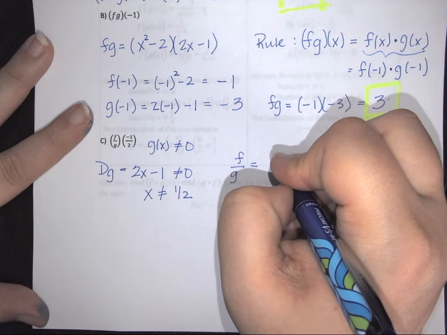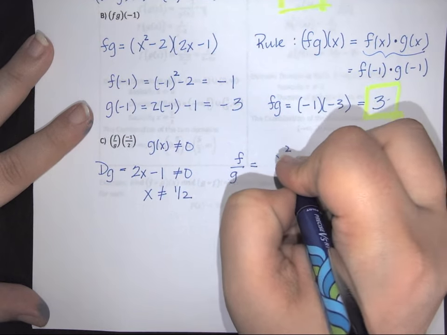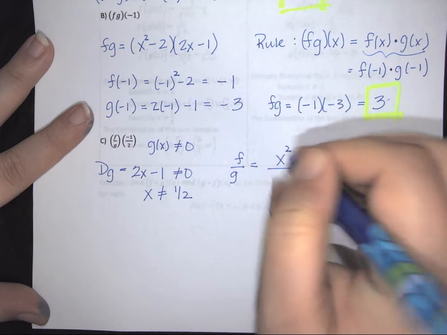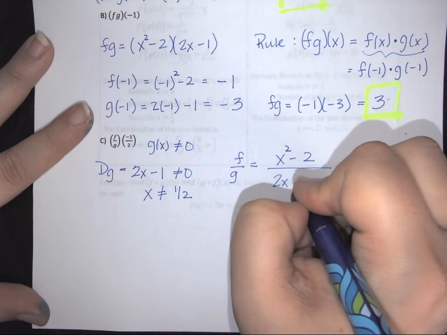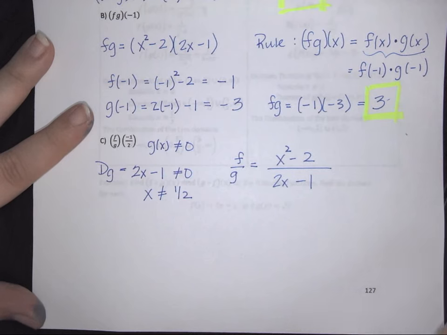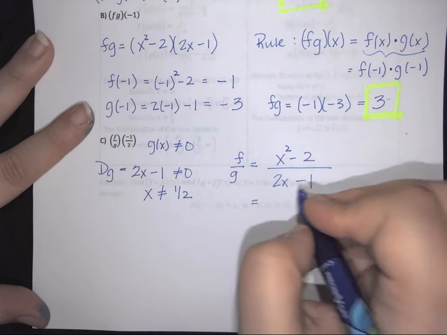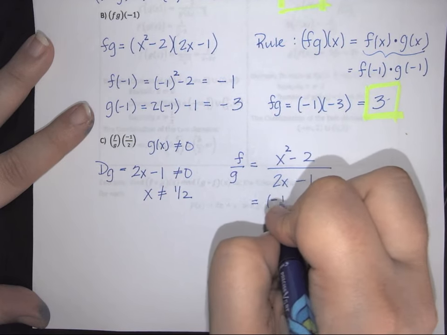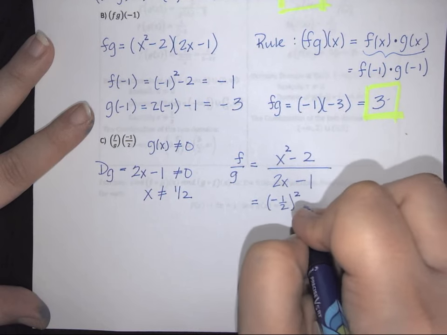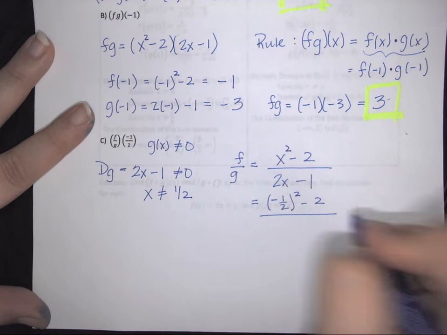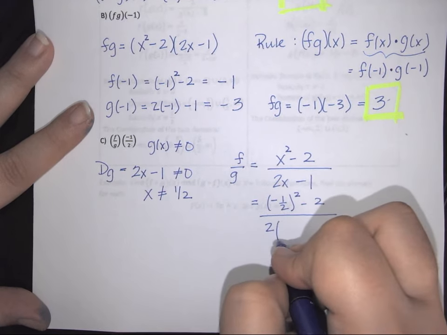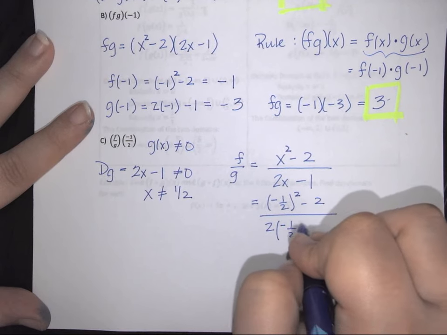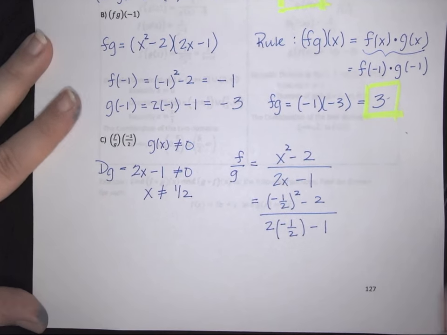So this is going to be x squared minus 2 divided by 2x minus 1. We have to evaluate by negative 1/2, so this becomes a negative 1/2 squared minus 2. And then we've got 2 times negative 1/2 minus 1.